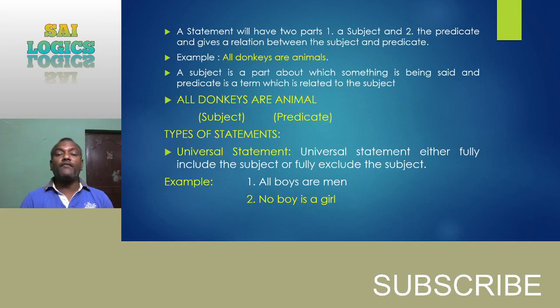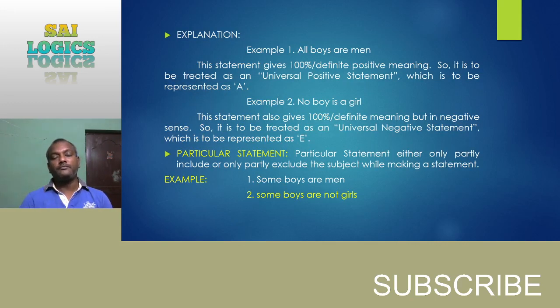If any statement includes universally, that is to be called a universal statement. In the same way, if a statement completely excludes the subject, then that is also to be called a universal statement. Then what is the difference between these 2? First example, all boys are men. This statement gives a positive information, saying that boys are men.